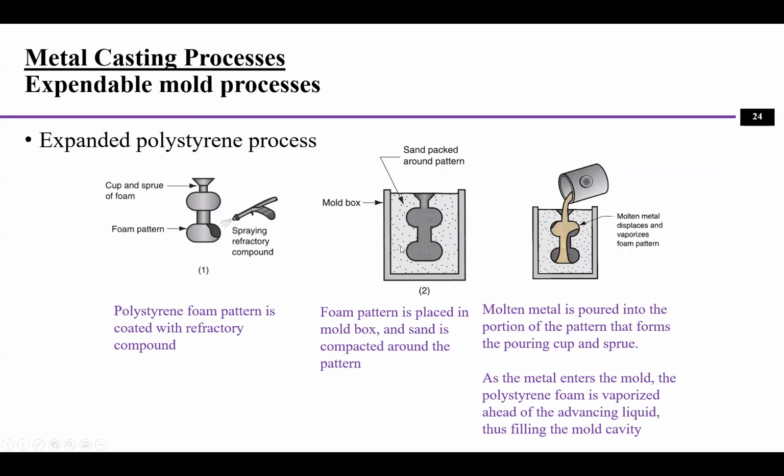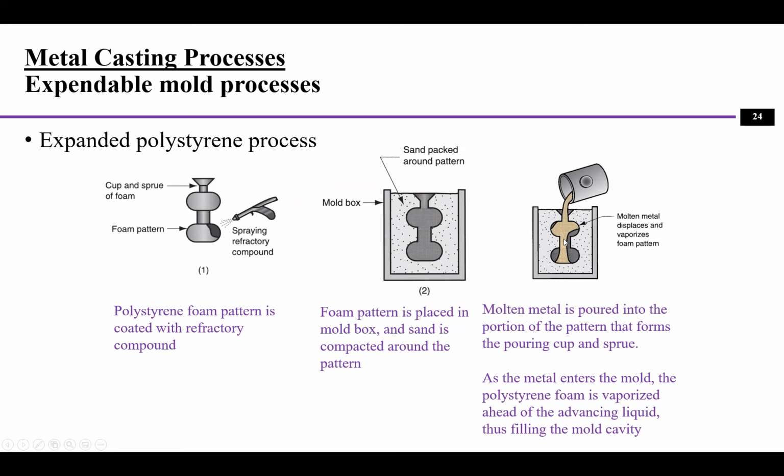And this is the process. Typically we spray a refractory compound on the outside surface of the pattern, and then we put the pattern into the mold box, and then you can use sand or some other materials in it, and then we pour the molten metal to replace the pattern.